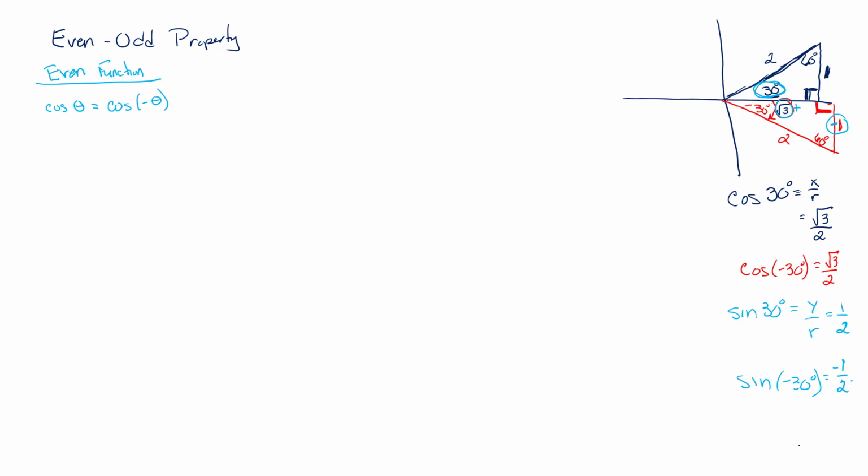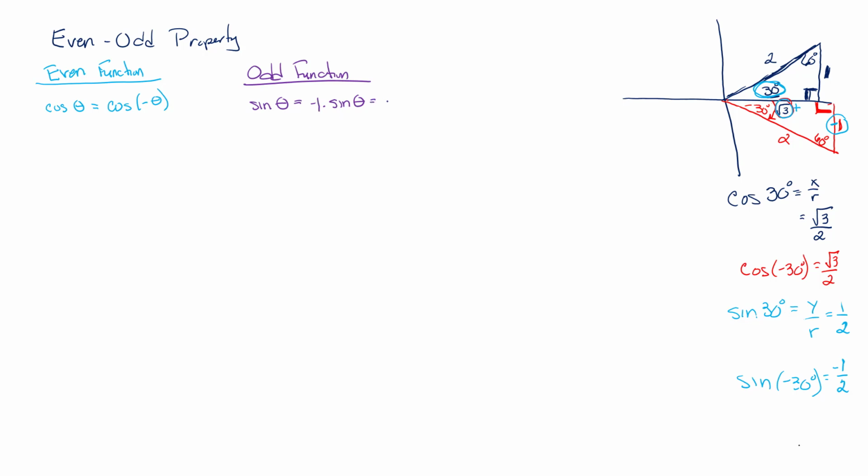So, sine is not an even function, is it? Because I didn't get the exact same numbers, did I? Therefore, sine would be considered an odd function, because the sine of negative theta would be equal to, now hear what I'm saying, would be equal to, taking the sine of theta and multiplying it by a -1.